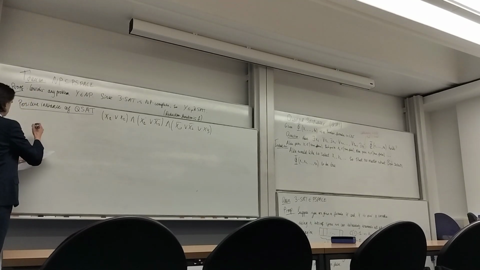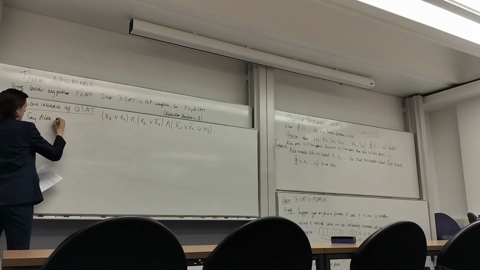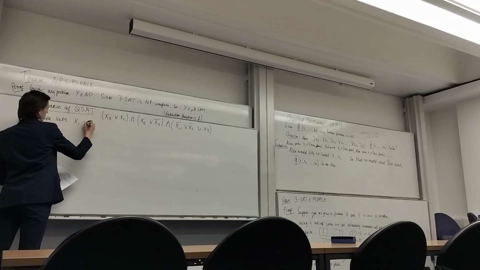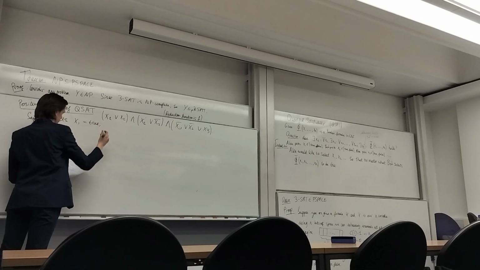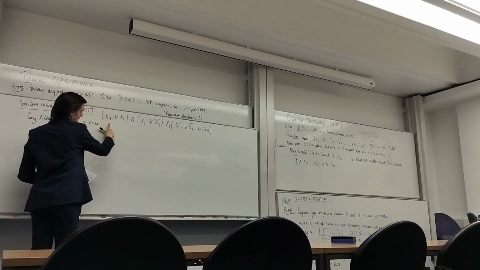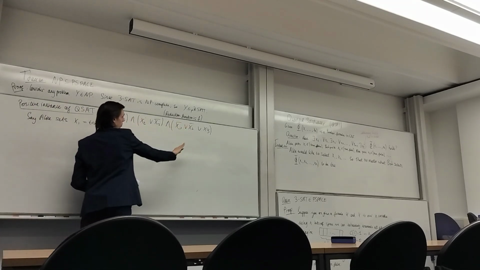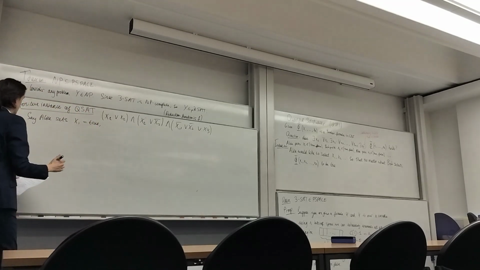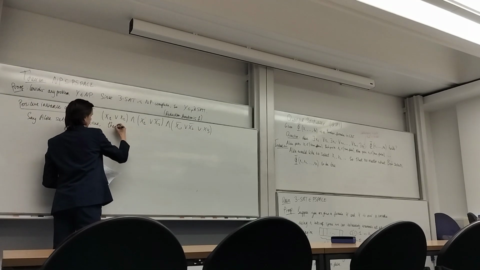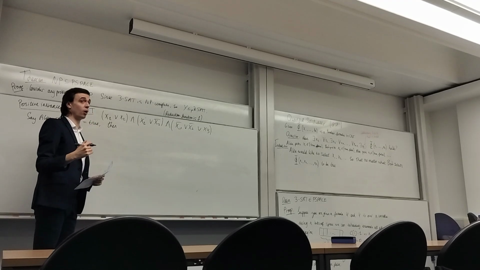So, say Alice sets x1 as true. Okay, this first clause is happy. This is also happy, but we've got more variables, so we'll work it out later. And now we have to condition on all of Bob's choices.